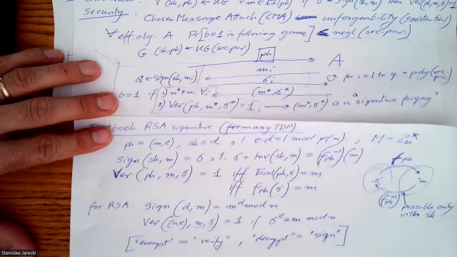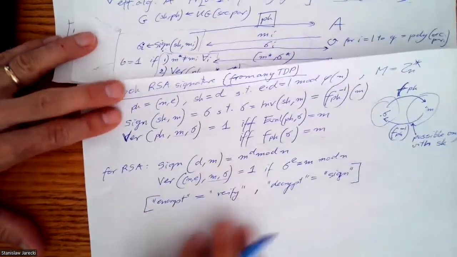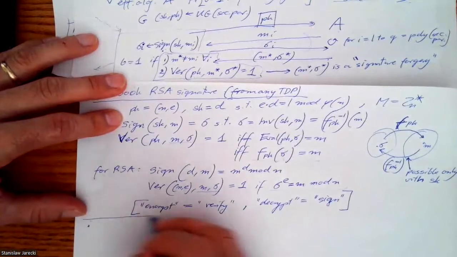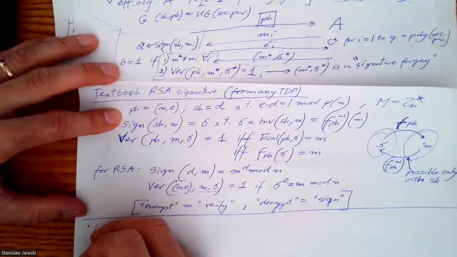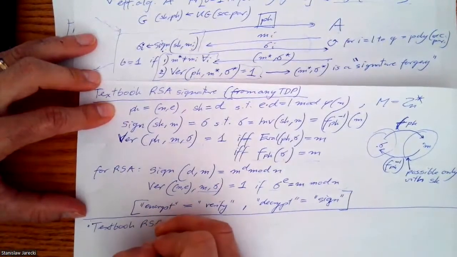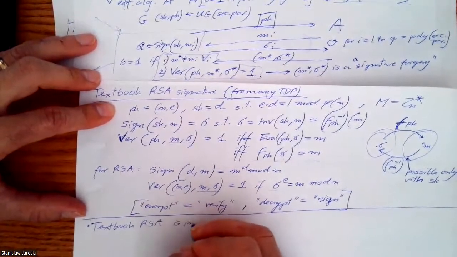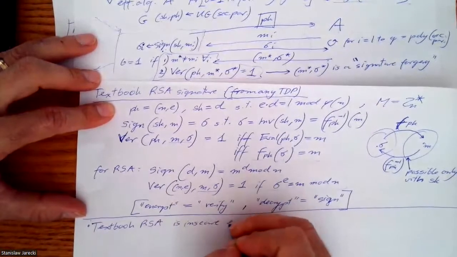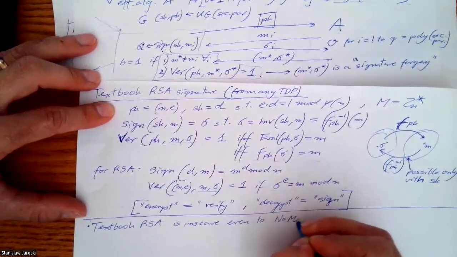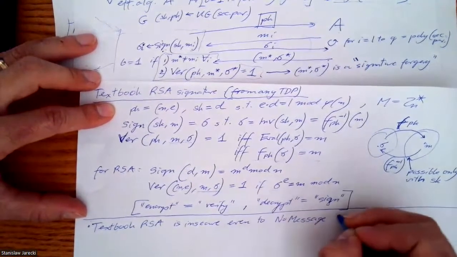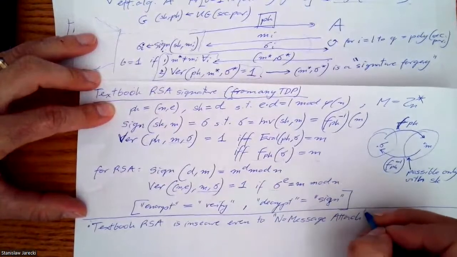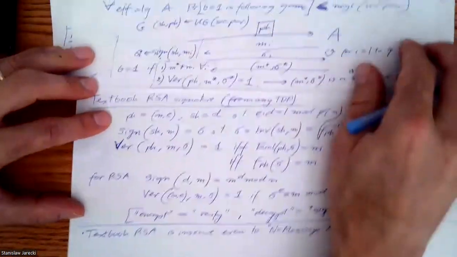So textbook RSA is insecure even to a no-message attack. It was supposed to be secure.